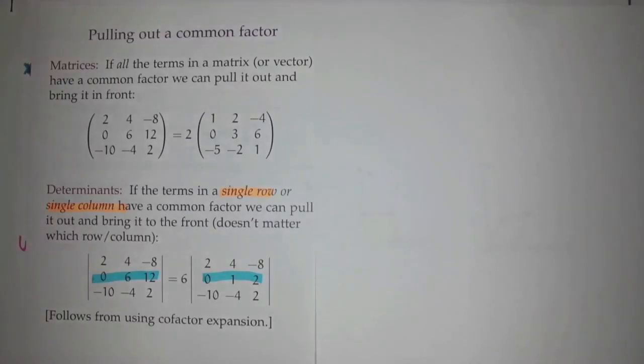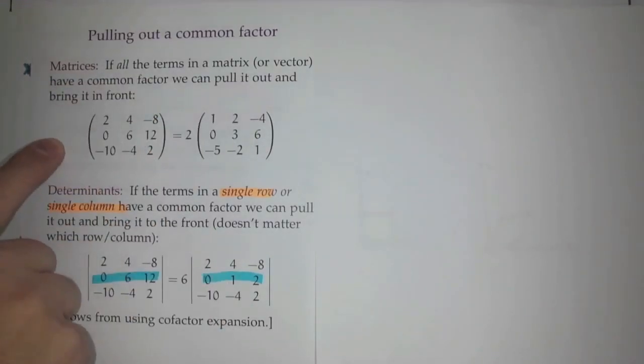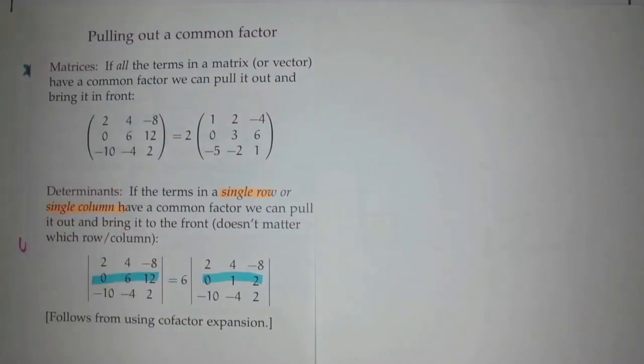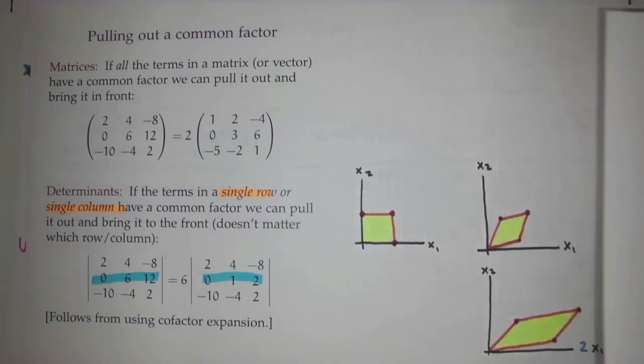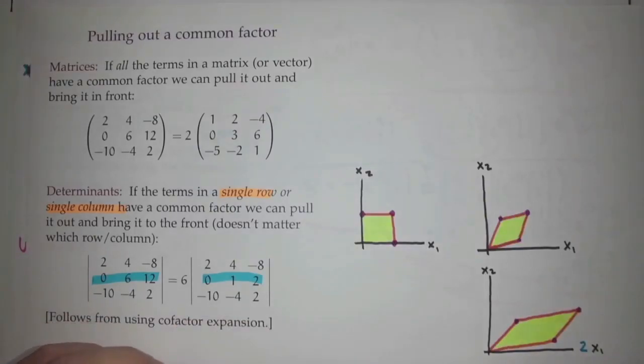Now, why is this true? I think with scaling, we're not surprised that for a matrix we pull it all out at once. For determinants, it's a little bit strange. You can prove it using cofactor expansion. There is a geometrical intuition, if you like geometrical intuitions, and if you don't, you can ignore the next 30 seconds. Which is to say that what happens is when you scale a row or a column, you're really just scaling one direction and leaving the other direction alone.